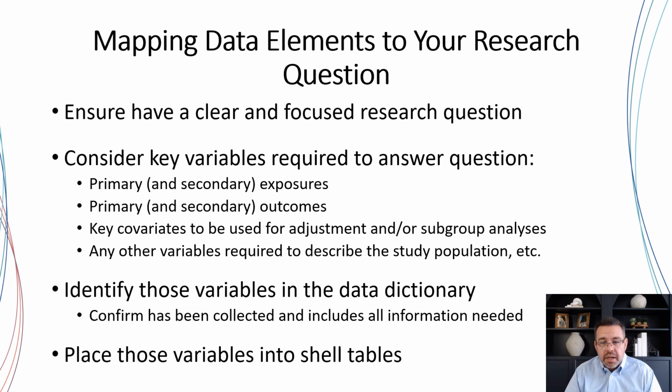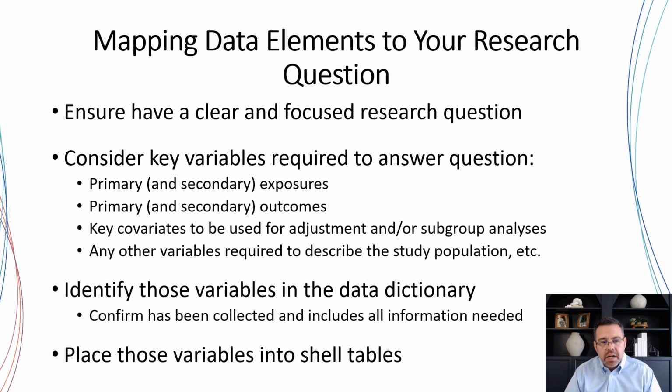So if I have a specific question of interest, and I'm interested in how that differs between, let's say, male and female participants, then I want to be sure that I include a variable on sex in my list of data elements to obtain from the database.